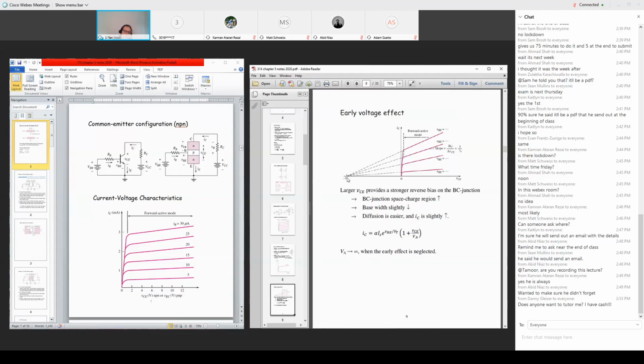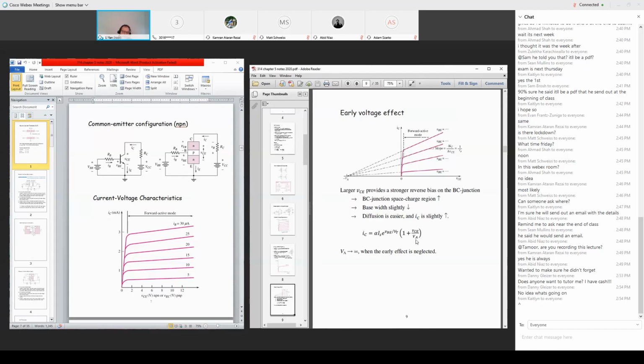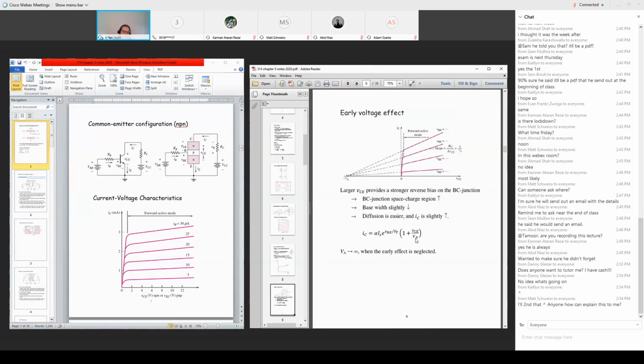So if VA is infinity, we are saying we neglect the Early effect. Graphically, if VA is pulled to negative infinity, this line will become flat. That's where the flat IC current is just proportional to IB and IE. But with this small term, VA may be on the order of 50 volts, 100 volts, so this is a small correction.